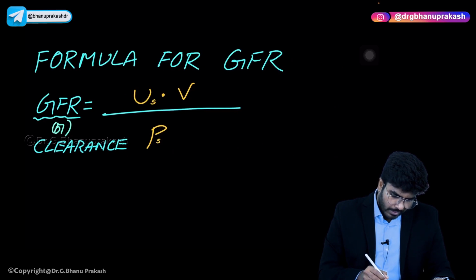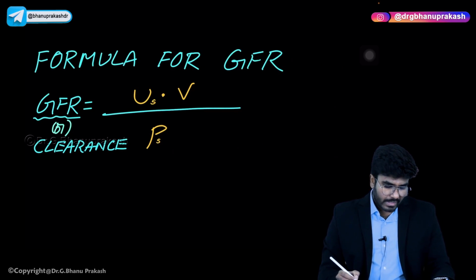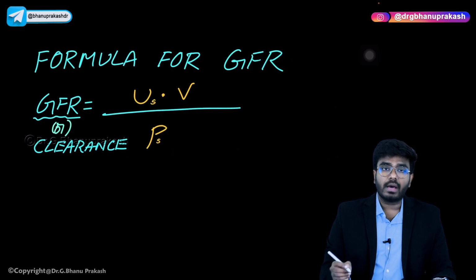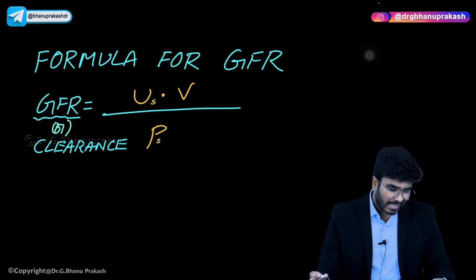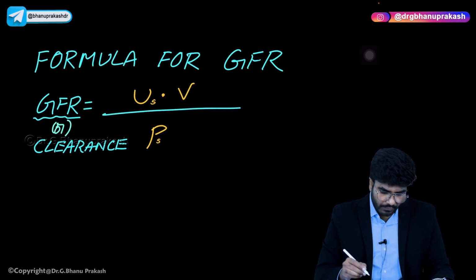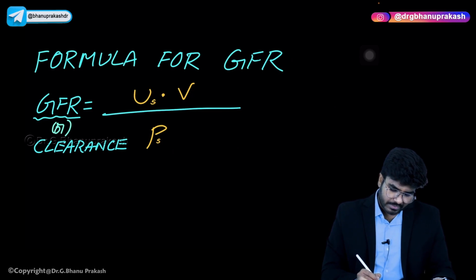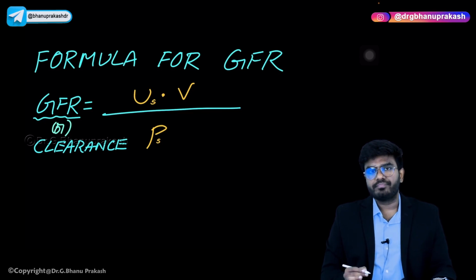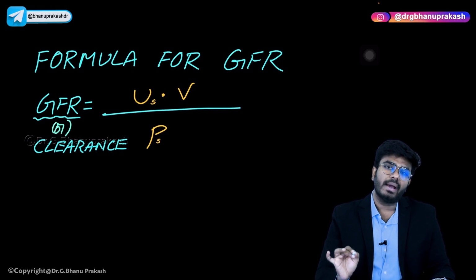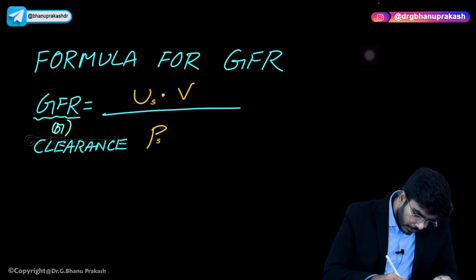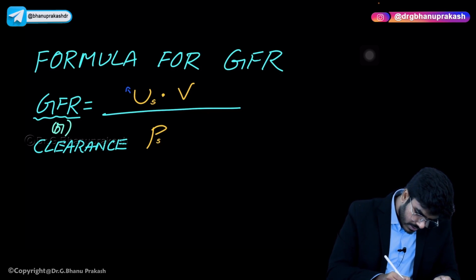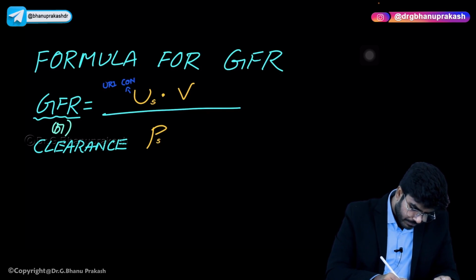Now, what is the formula for GFR? Guys, for example, if you want to know GFR of a person or clearance of a particular substance, the formula repeatedly asked as an MCQ in your exams is UV by P. Simple, UV by P. What exactly is U? U is urinary concentration of that particular substance.